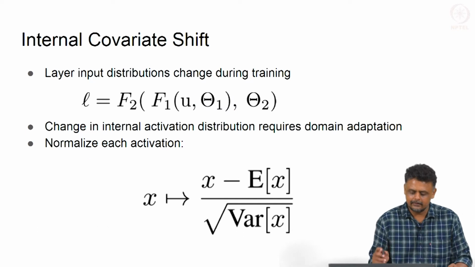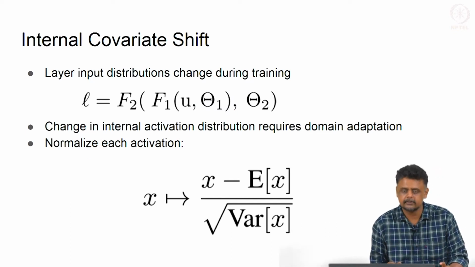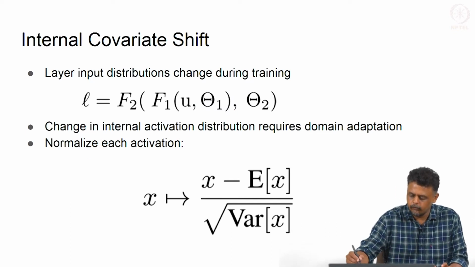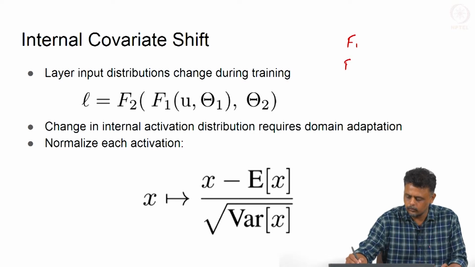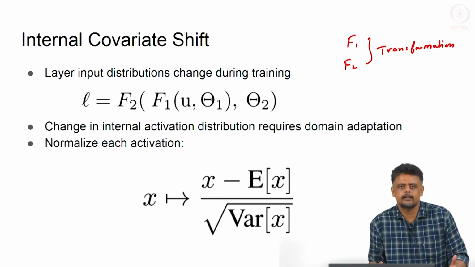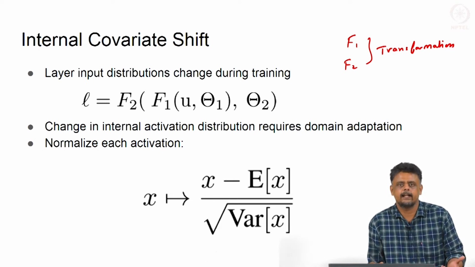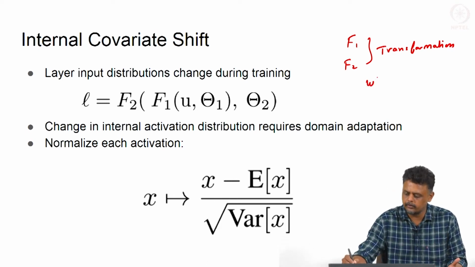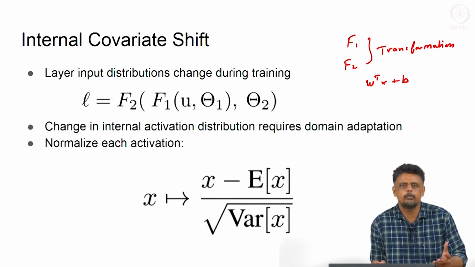Let us see what we mean by that and how we can address the problem. Let us consider a slightly more functional form. Say F1 and F2 are some transformations. What transform happens in a layer of a neural network? You have W transpose x plus b, where x is the input to that layer.